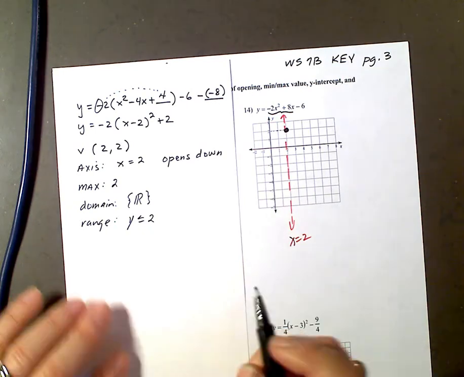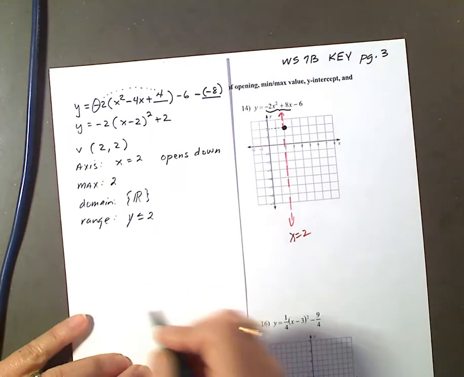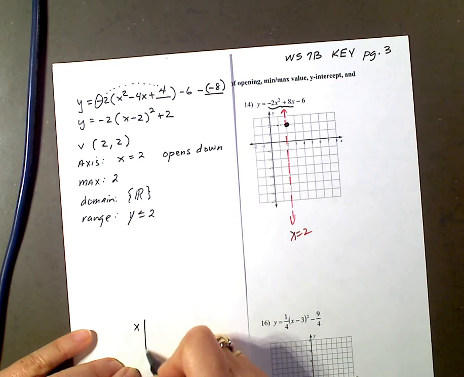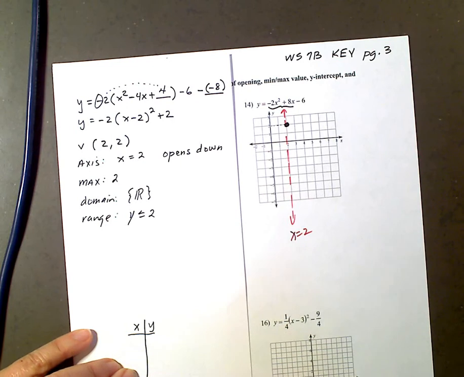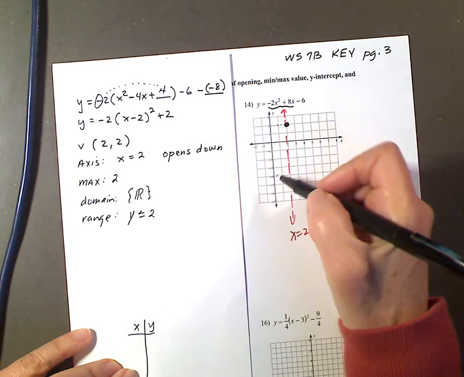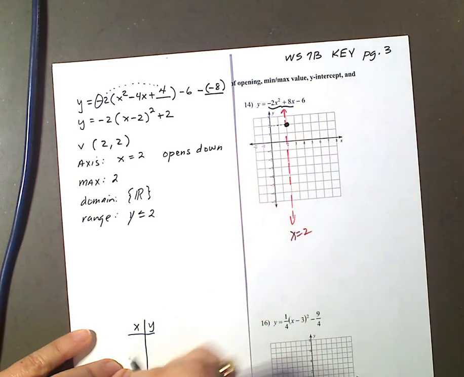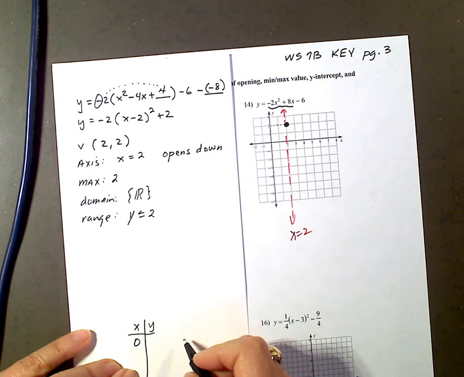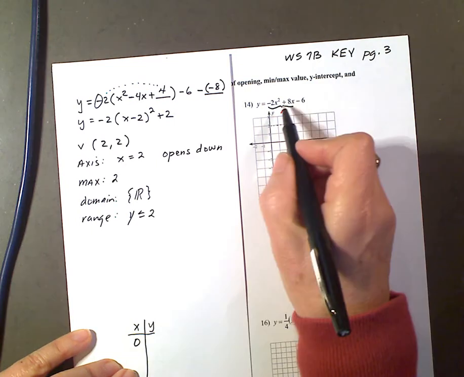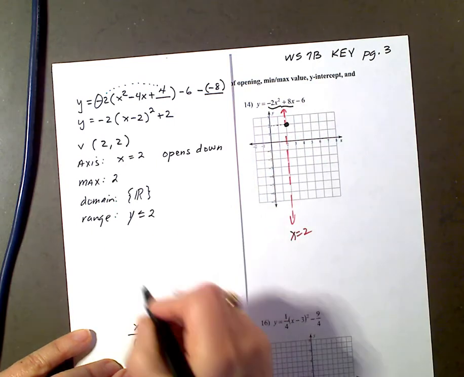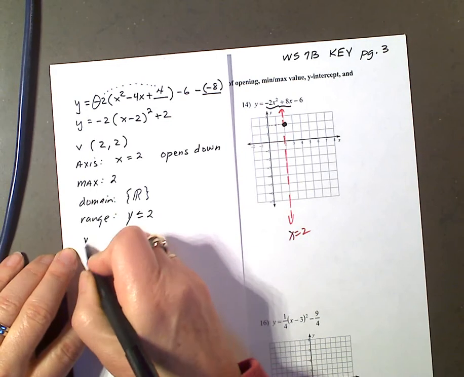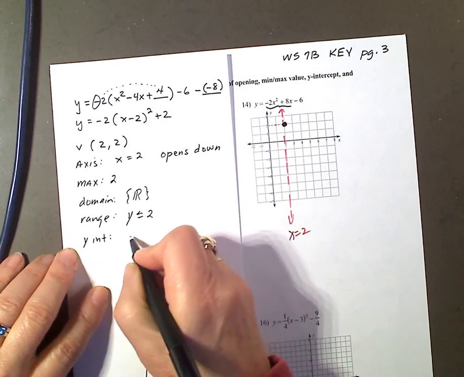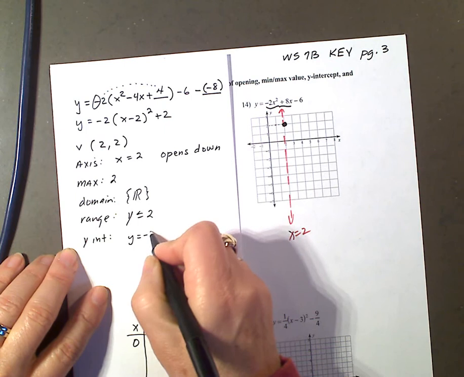Okay, so let's do a little xy table. My y-intercept, where I cross the graph down here, if I set x equal to 0, then just looking at the original function, y equals obviously negative 2.